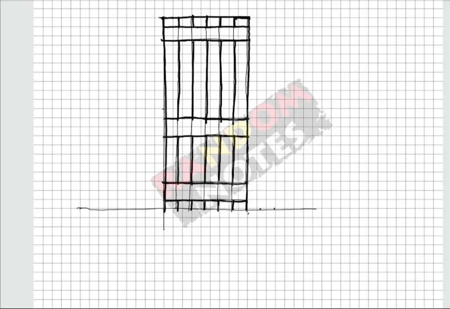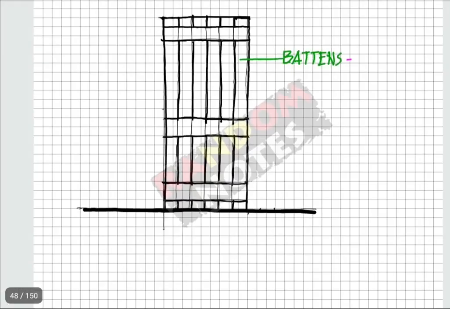This is a simple ledged and battened shutter. The vertical members are battens and three horizontal members are called ledges, which hold them together to create a shutter which can be fixed to an opening.